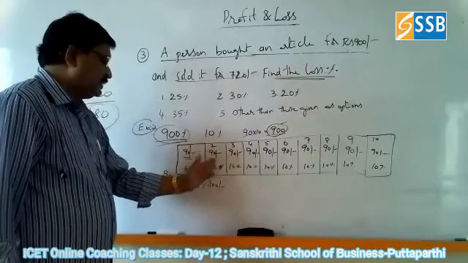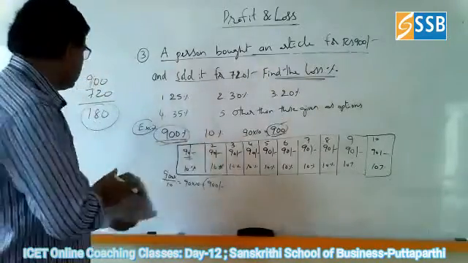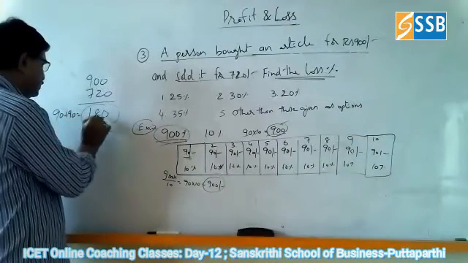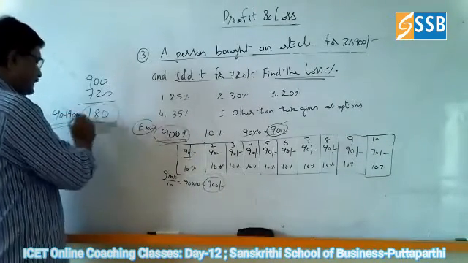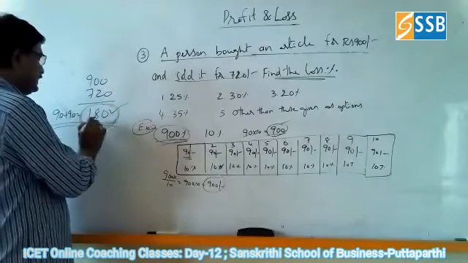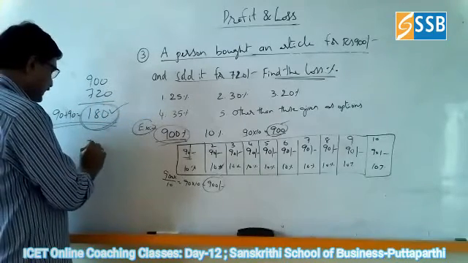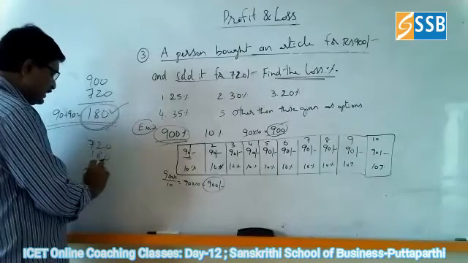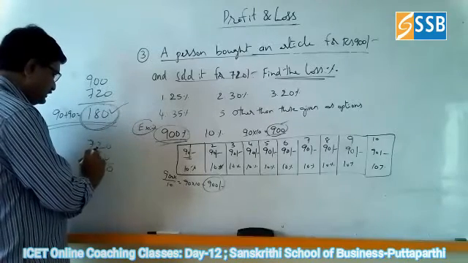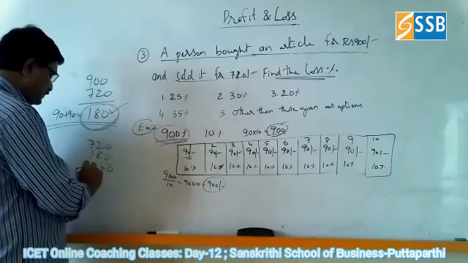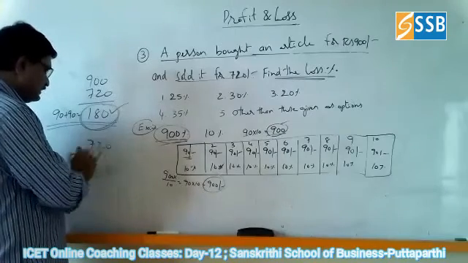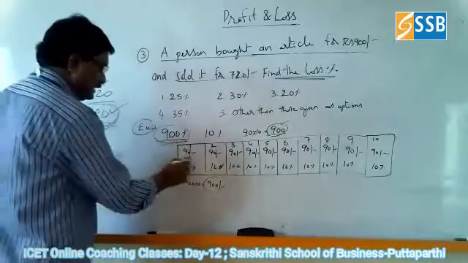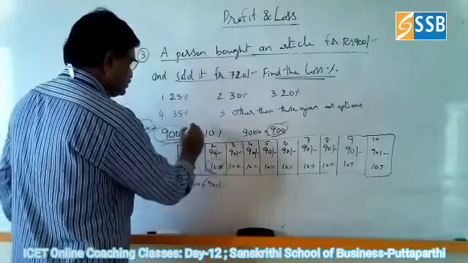Again 10%, again 90 rupees. So 90 plus 90 is equal to 180 rupees. You can check: 720 plus 180 is equal to 900 rupees. So the loss is 180 rupees. This loss is 10% plus 10%, which means 20%.